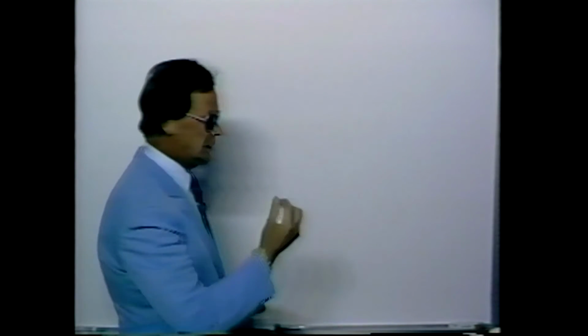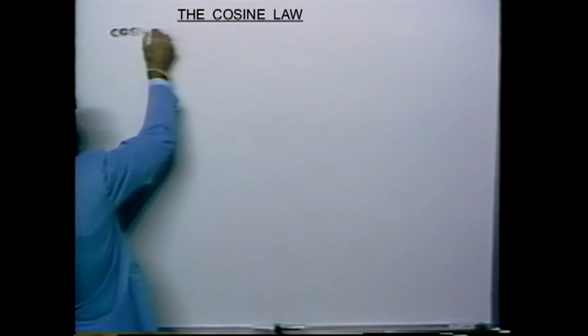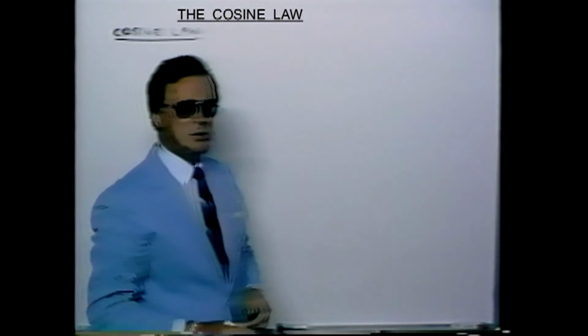Now, next is the cosine law. This law will solve the triangle given two sides and the contained angle.